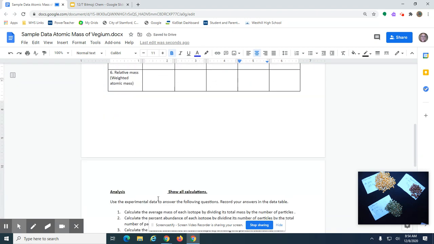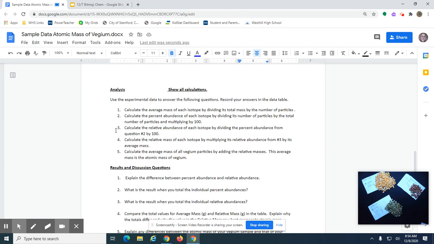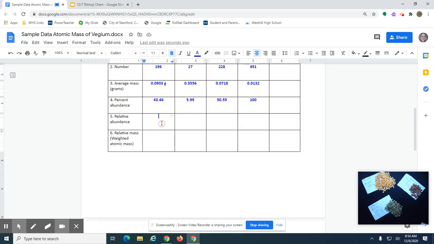Now, relative abundance. Calculate the relative abundance of each isotope by dividing the percent abundance from question number 2 by 100. So we just divide each of these numbers by 100.